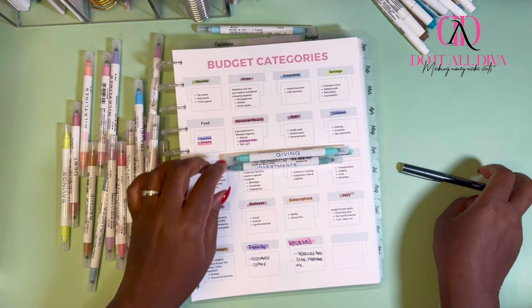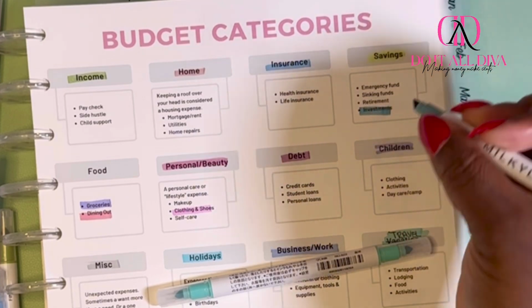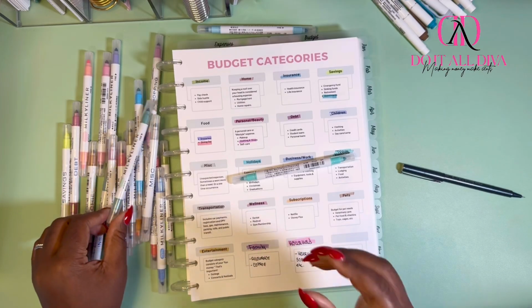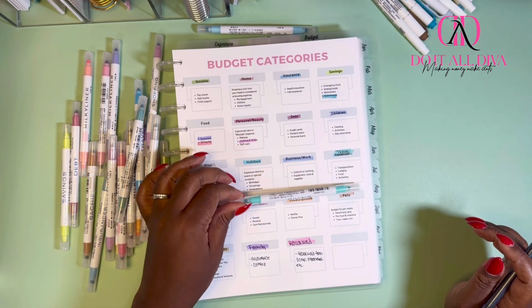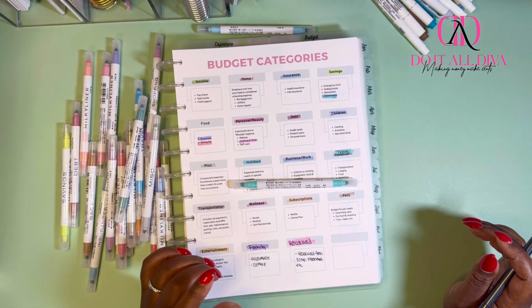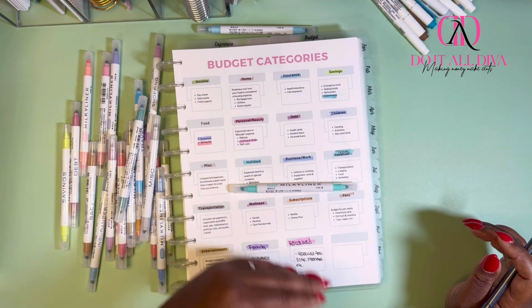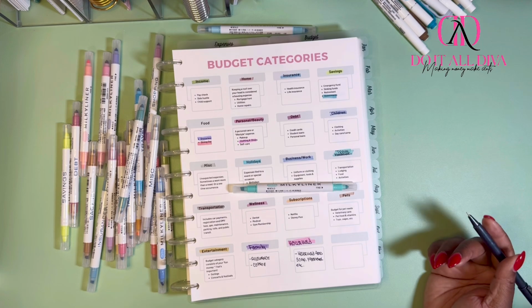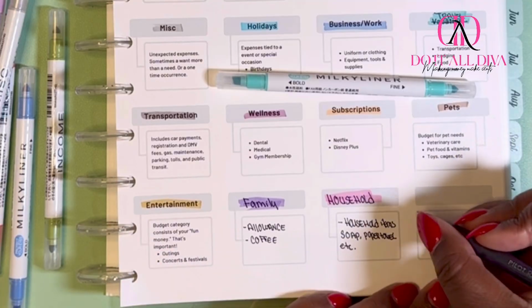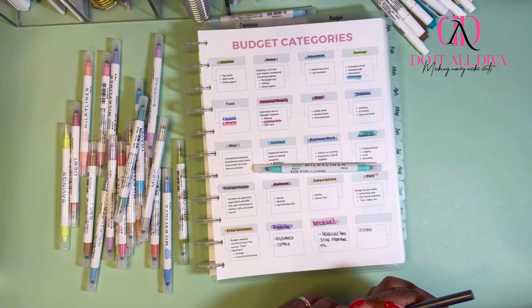Oh, I'm lying. Investments is part of my savings. I just want to see if it's an investment or not. And then giving, I don't know if giving should be its own category, because there's nothing that falls underneath it, right? Like there's nothing like giving and then something else. So I'm just gonna put it here just in case something else pops up.